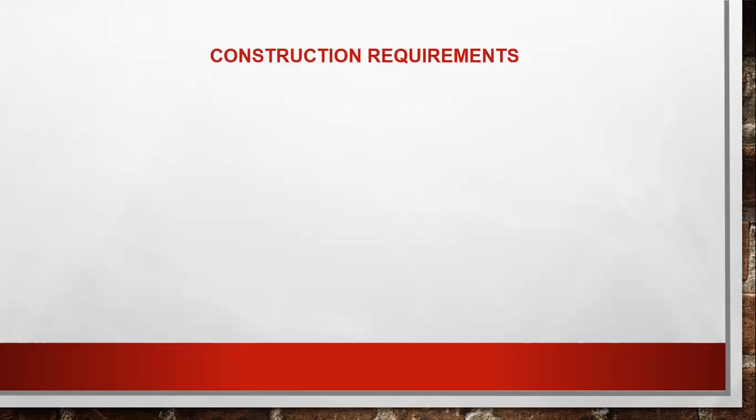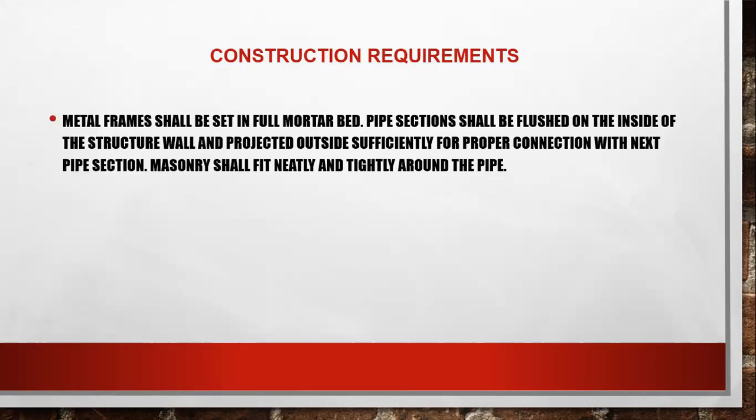Next is the construction requirement. The metal frame shall be set in a full mortar bed. Pipe sections shall be flush on the inside of the structure wall or projected outside sufficiently for the proper connection with the next pipe section.